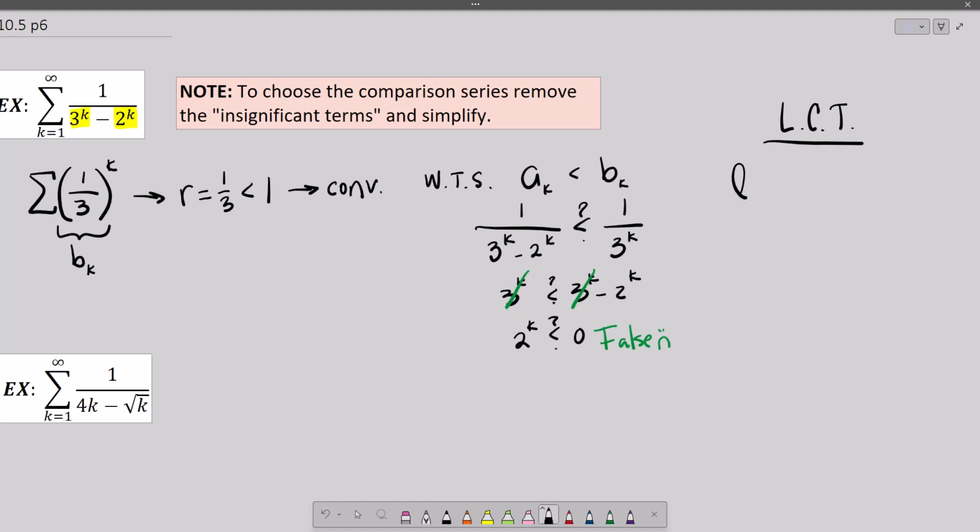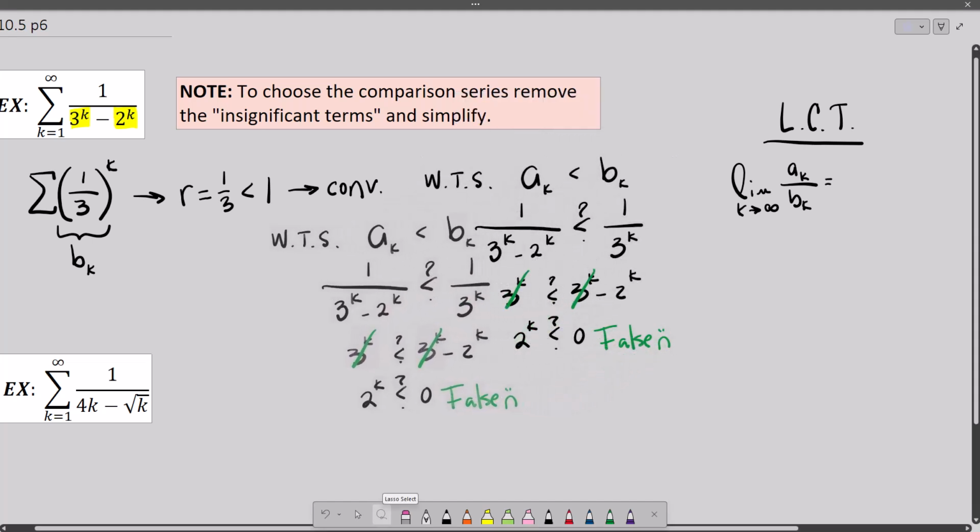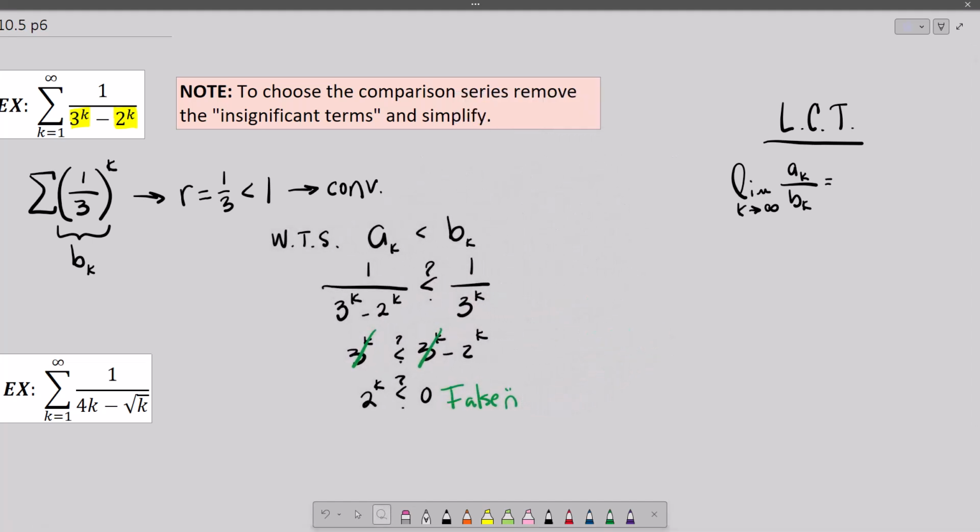And we form the limit as k goes to infinity of a sub k over b sub k. When the direct comparison doesn't work for us, that's what we're going to do. I'm just going to move that over a little bit.